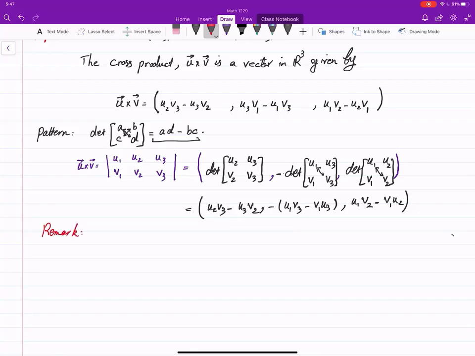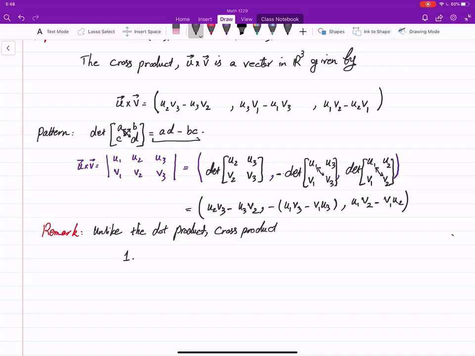There are very deep differences between the dot product and the cross product. Let me start the remark like this: unlike the dot product, the cross product has two big differences.